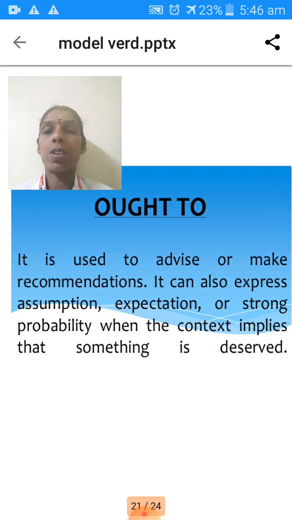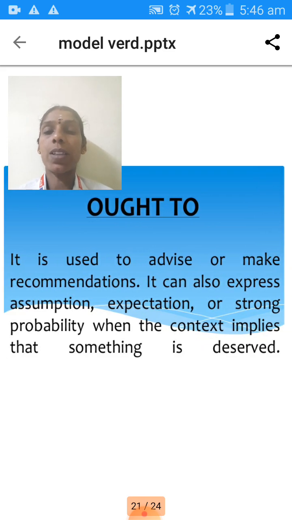And ought to. So another one, auxiliary verb. It is used to advise or make a recommendation. It can also express assumptions, expectations, or strong probabilities when the context implies that something is deserved.